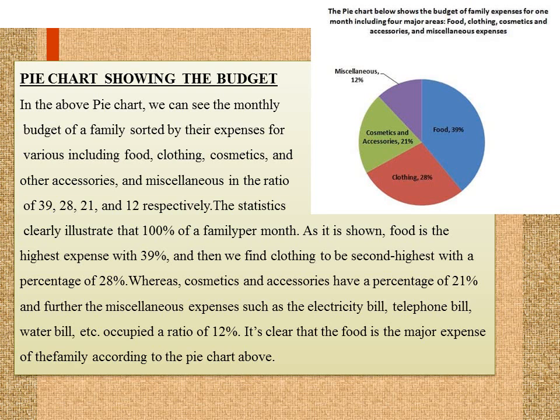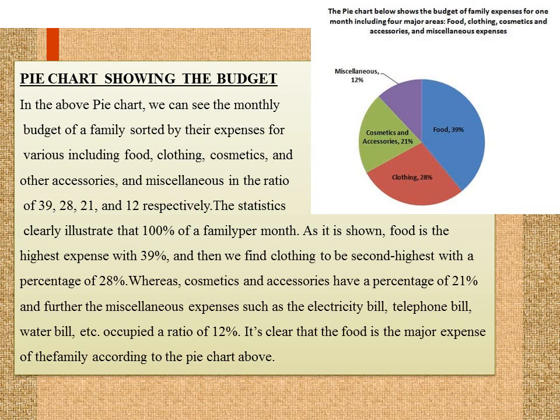The maximum expenditure is on food, which takes up 39%, followed by clothing with 28%, followed by cosmetics and accessories with 21%, and other activities included as miscellaneous come to 12%. So this statistic of 100% of our families per month has been distributed.